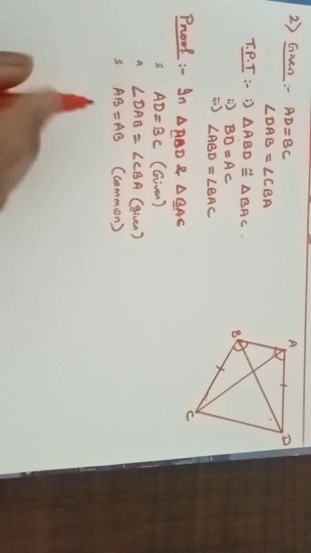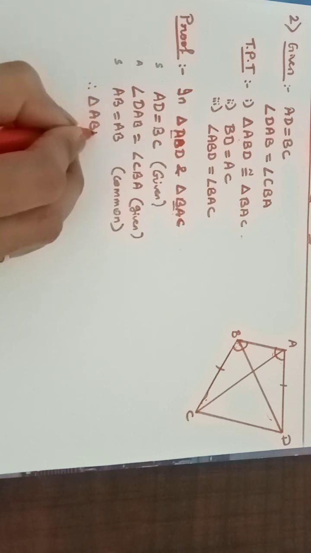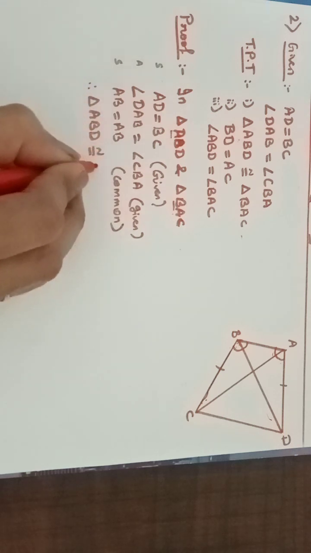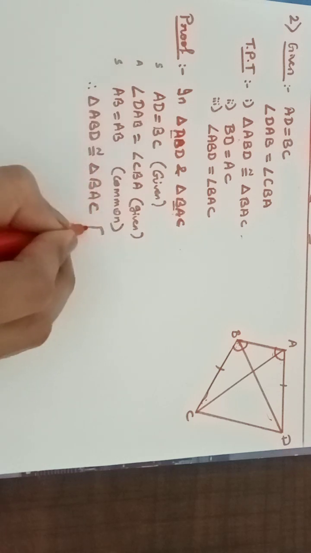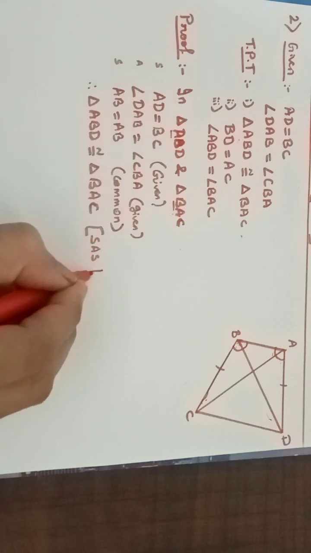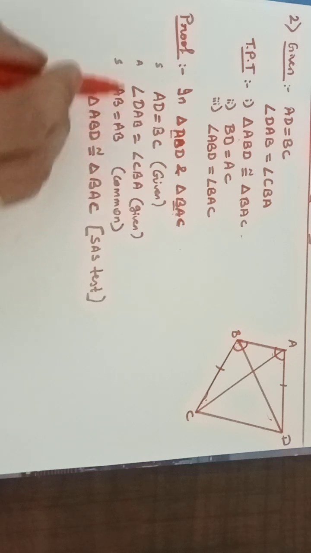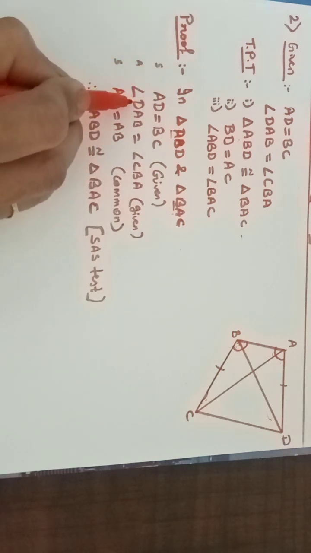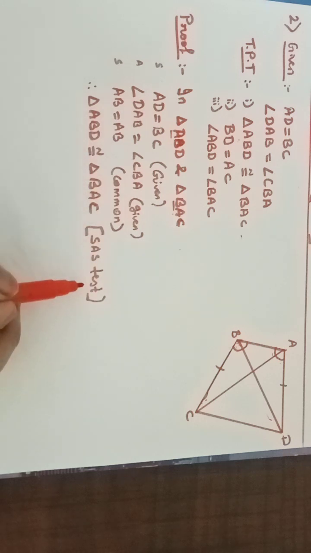And this is also side. So therefore, triangle ABD is congruent to triangle BAC. What is the reason? By which test? SAS test. So this is the congruency test for these two triangles. We are getting two sides and one angle. So these two triangles are congruent by SAS test.